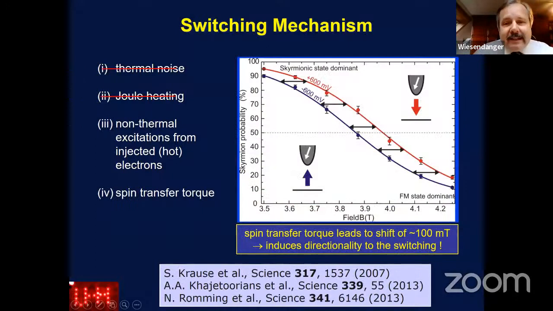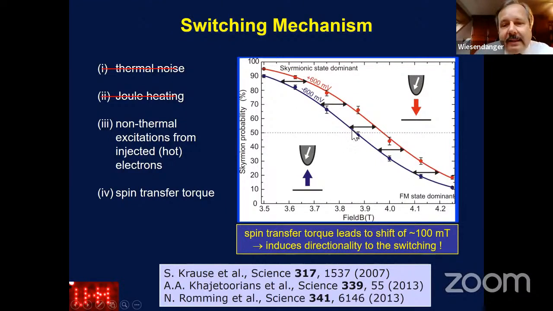Now, what is the physical mechanism? We have discussed this in this paper. It's not thermal noise. It's not Joule heating from the injected electrons, but the primary mechanism is spin transfer torque. So here we plot the skyrmion creation and annihilation probability as a function of externally applied field for the two situations where we inject spin current from the tip to the sample or from the sample to the tip.